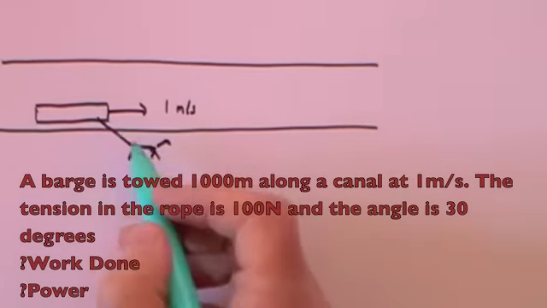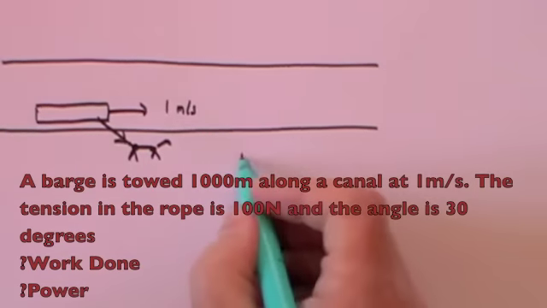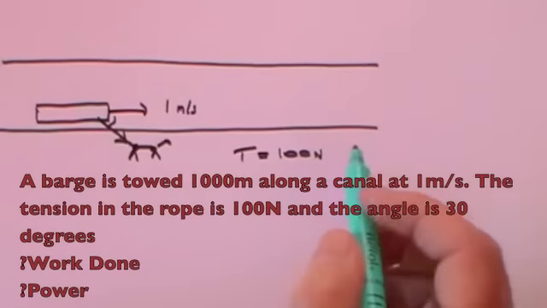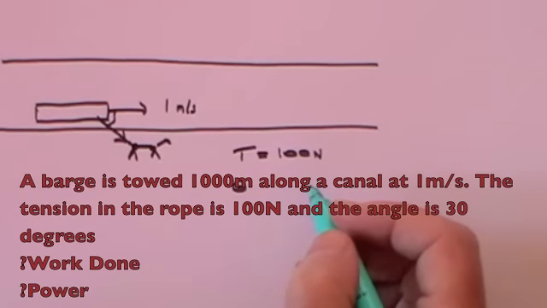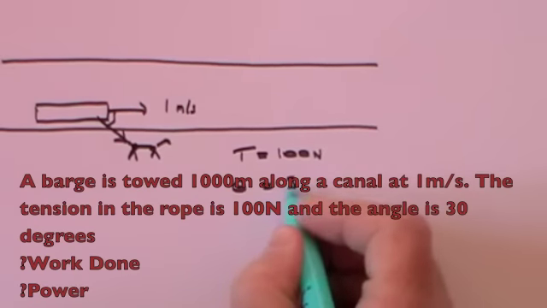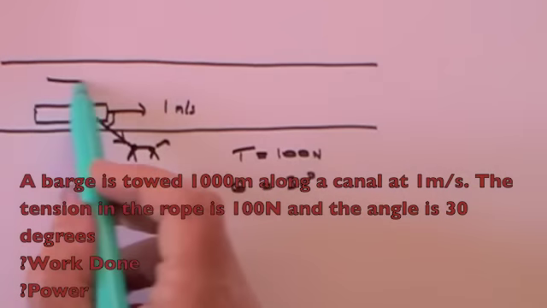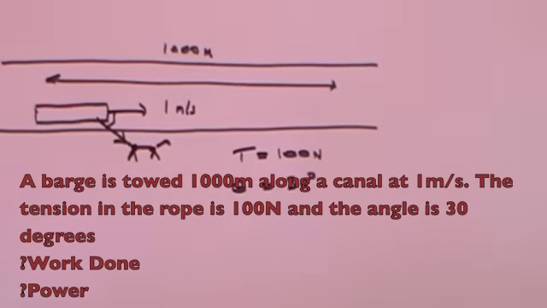There is a rope connected to the boat, the tension in that rope is 100 newtons, and the angle of that rope, theta, between the rope and the direction of travel is 30 degrees. I can tell you that we're going a distance of 1,000 meters, and the question is, what is the work done and what is the power?